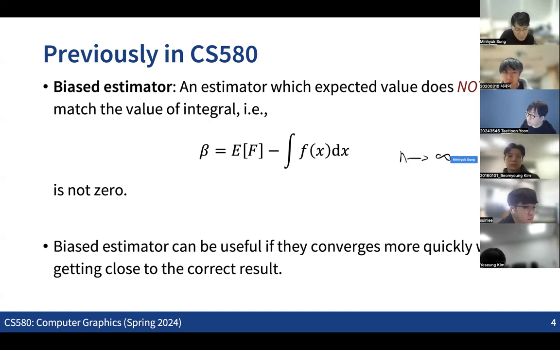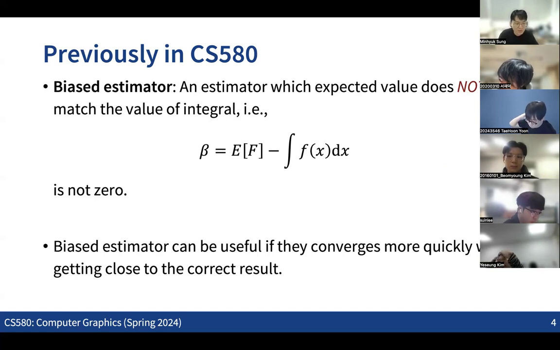But that's the bias, which means that when we do not have an infinite number of samples, the output may not exactly match the number that we want to get. In some cases, such a biased estimator can still be useful, especially when the convergence rate is much faster than the unbiased estimator.